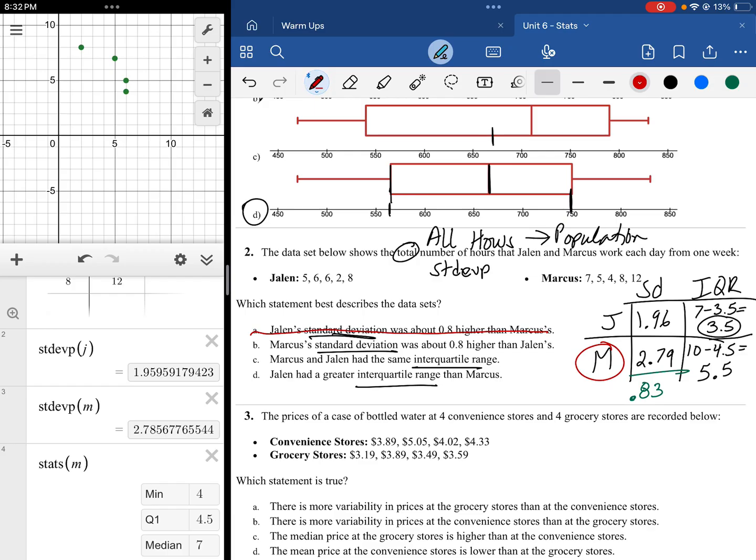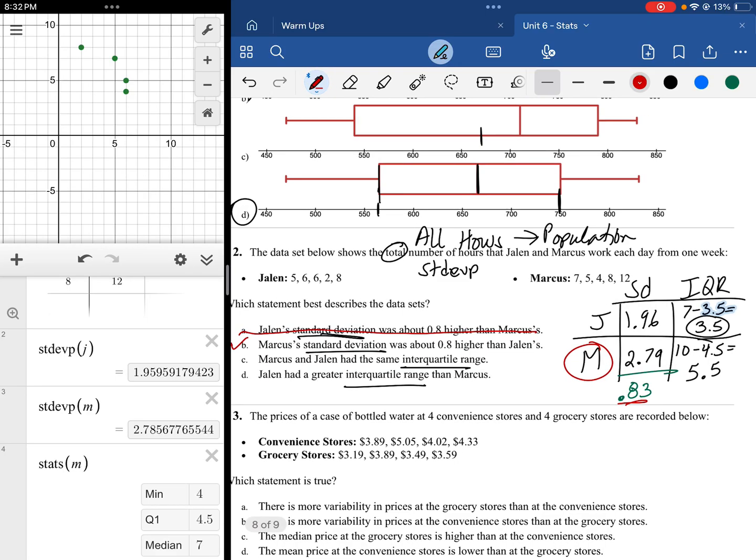If we keep going, it says Marcus's standard deviation was about 0.8 higher than Jalen's. Well, if we see right here, we got 0.83 as their difference. Marcus's is definitely higher, so I'm going to put a little check mark by B. B might be the correct answer. Keep going. Marcus and Jalen had the same interquartile range. Well, if we look, one's 3.5, one's 5.5.